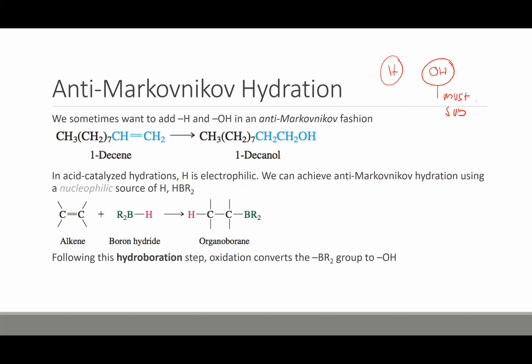However, what if we want the OH to end up on the least substituted of the positions along that double bond? Well, we can do this. We can add on an H and an OH in an anti-Markovnikov fashion, so against the Markovnikov fashion, using a special type of reaction.